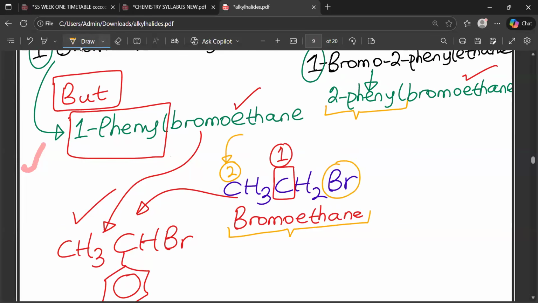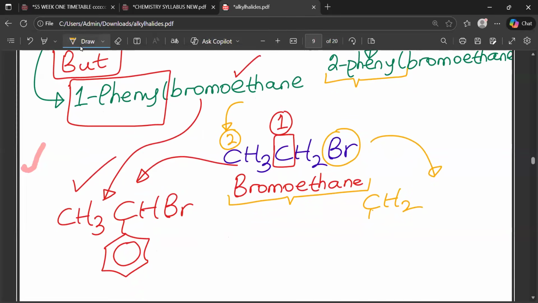So when you say 2-phenyl, you are telling me that the phenyl group came and replaced one of those hydrogens. So what was CH3 becomes CH2. Then the other one remains as CH2Br. And this is the 2-phenyl bromoethane.